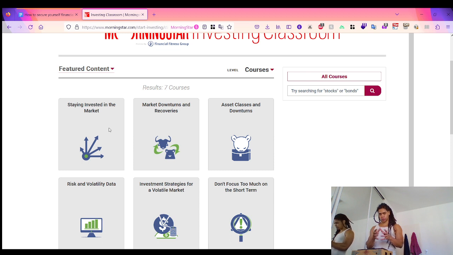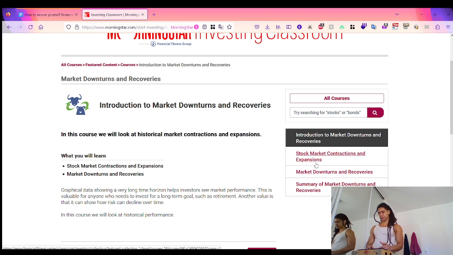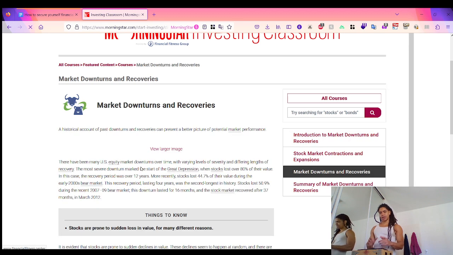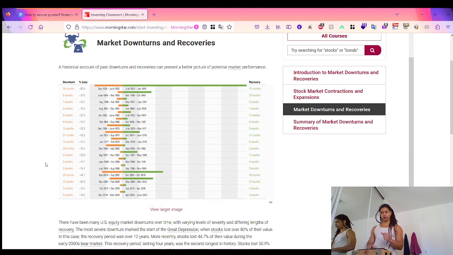So with that, let's look at how the U.S. equity market has passed through several market downturns.